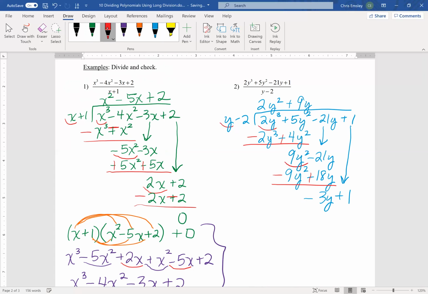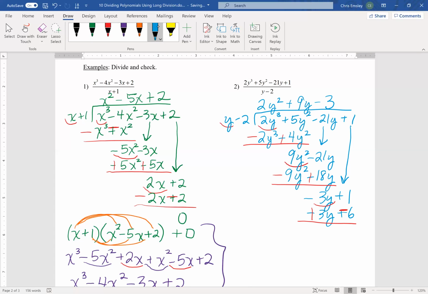What do I have to multiply y by to turn it into negative 3y? That would be a negative 3. Distribute that negative 3 into your divisor. Draw your line and change your signs. And when we do this last arithmetic here, the 3 y's cancel each other out.